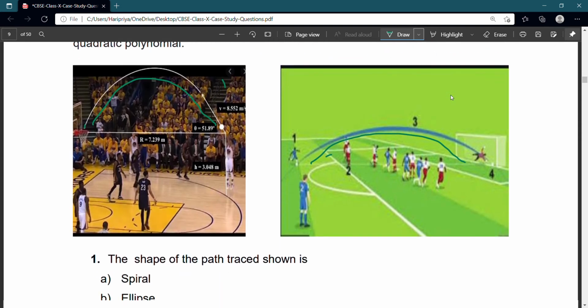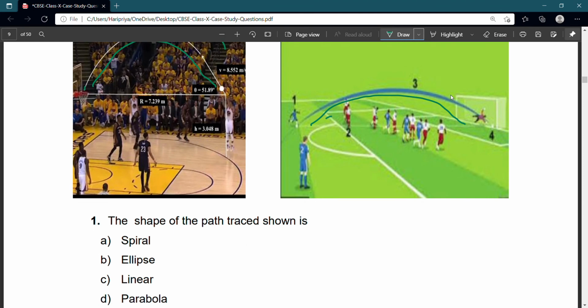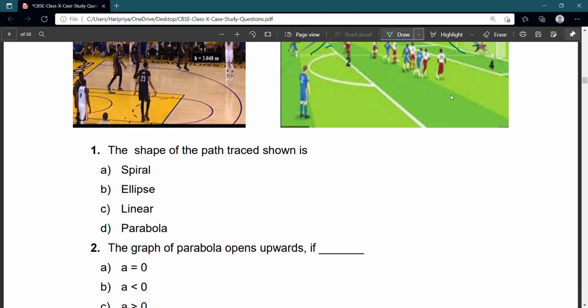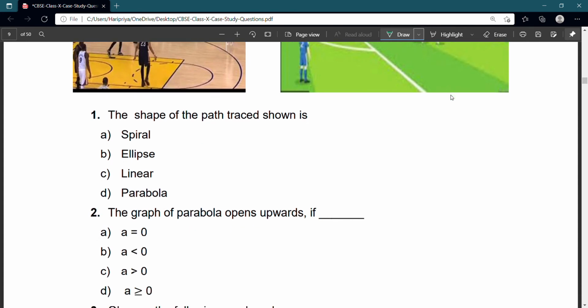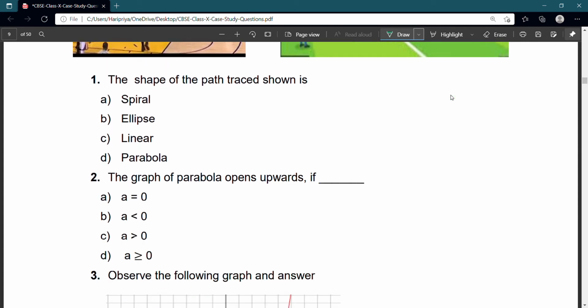Again, if it is a quadratic polynomial, we have only two zeros of the polynomial. Once again, the shape of the path traced is shown. Here, in the paragraph itself, they have told it's a parabolic shape. So this is a parabola.